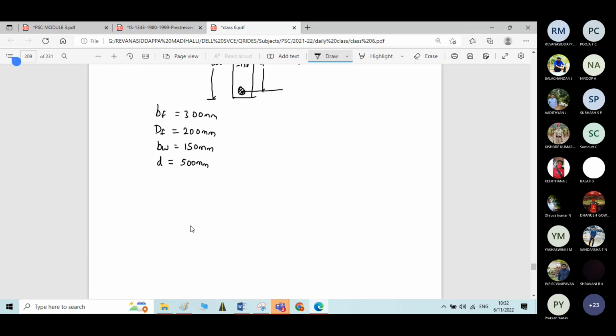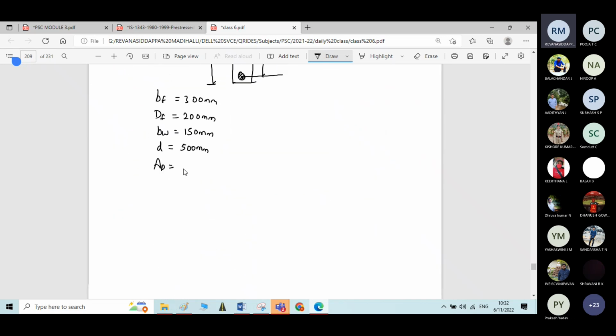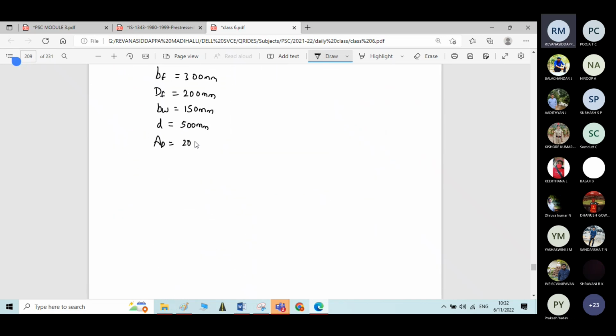Then Ap is given, area of pre-stressing steel. It is given as Ap is equal to 200 mm square, fck is equal to 50 Newton per mm square.